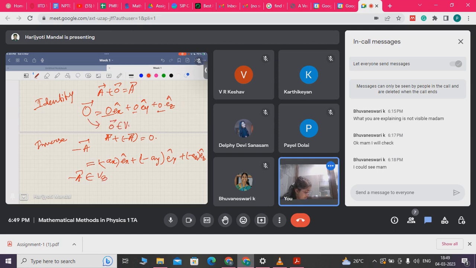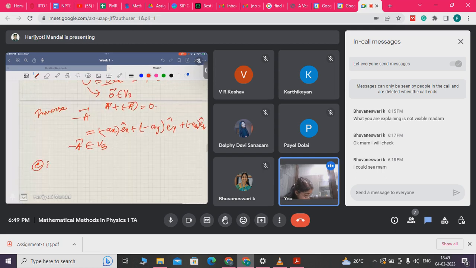It will be the inverse of A. Minus A also belongs to V3. This 0 vector also belongs to V3. So the statement C is true.